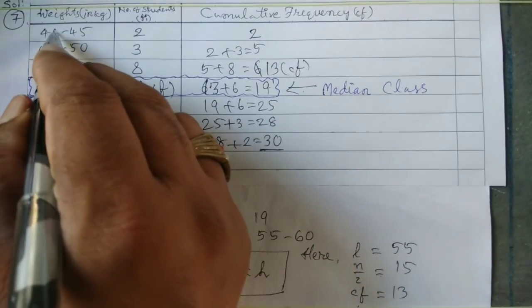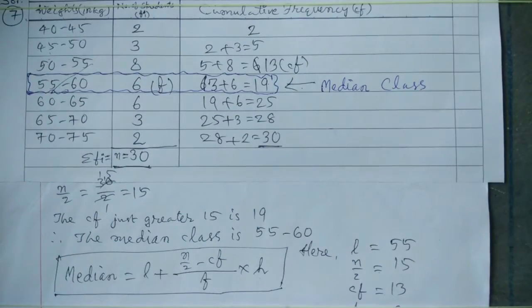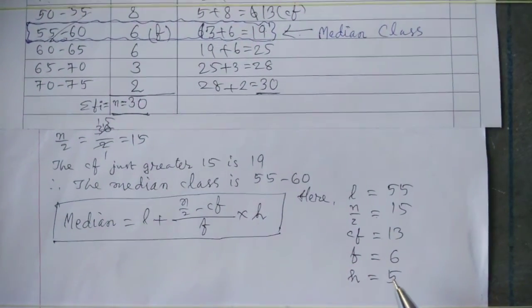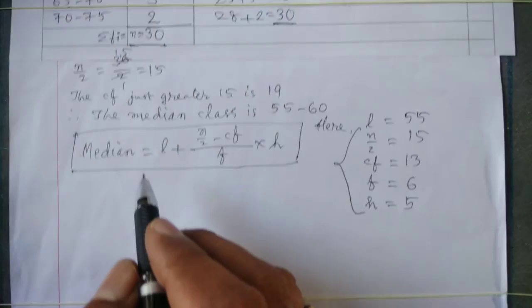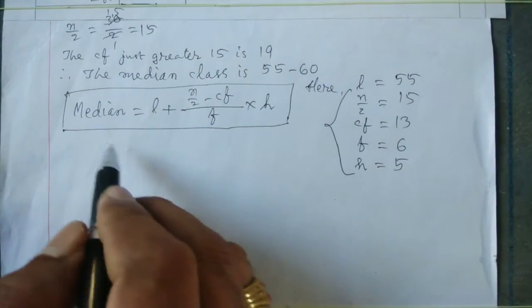Height of the class h is 5, the difference of the lower limits or higher limits. So these are the values we have to substitute in this formula. Then we can find the median.